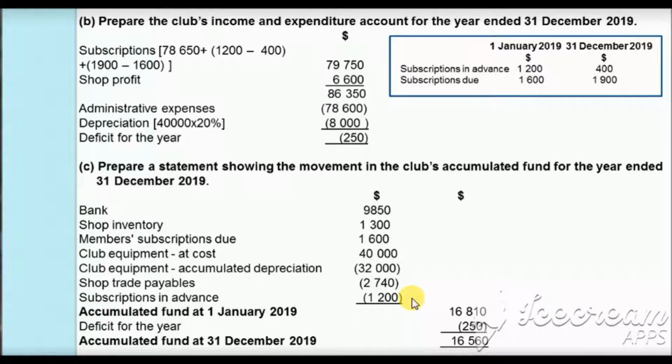Now after adding and subtracting, we will get the accumulated fund at 1st January 2019 as $16,810. From here we will subtract the deficit which we got in the B bit of this question, which was $250. So when we subtract $250, we will get the accumulated fund at 31st December 2019 as $16,560.